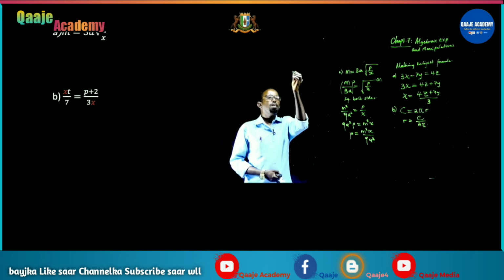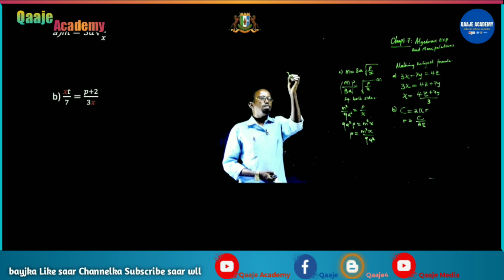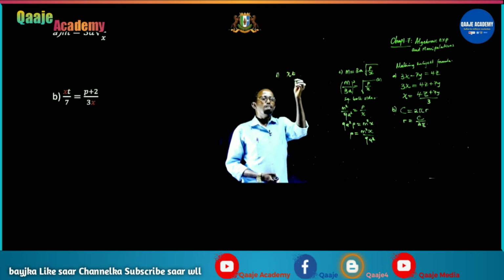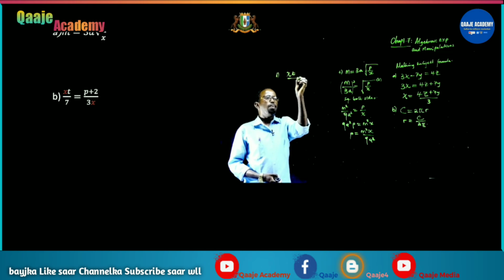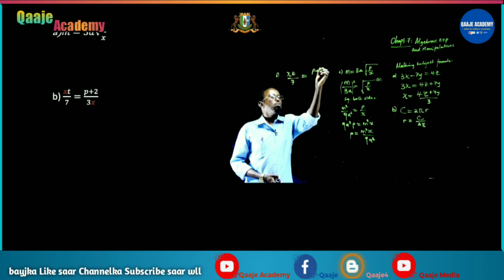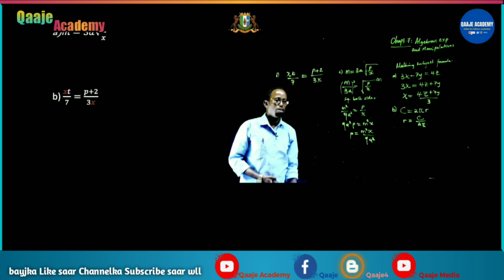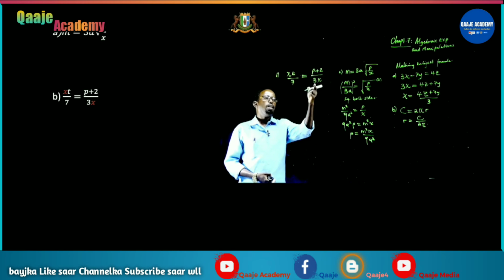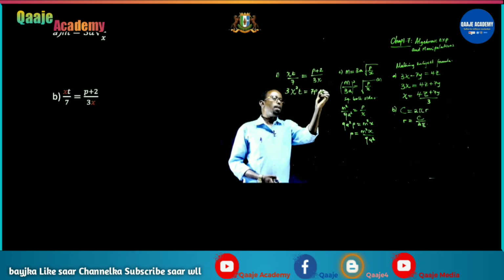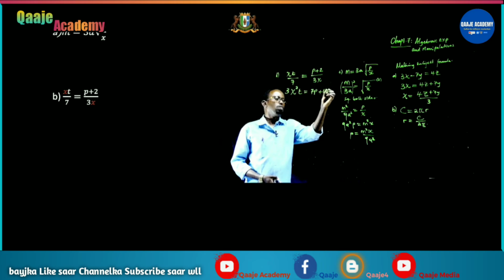The next one is the last one, D. This will be XT divided by 7 equal to P plus 2 divided by 3X. We are told to make X the subject. You cross multiply, you get 3X squared T will be equal to 7P plus 14.